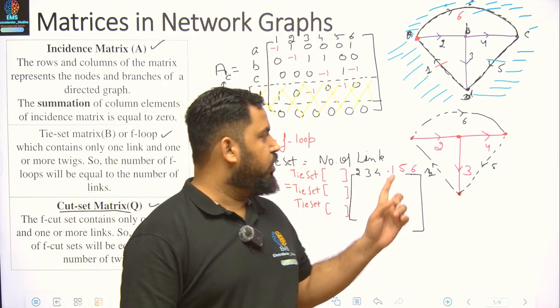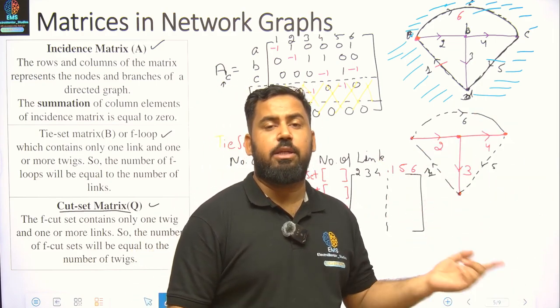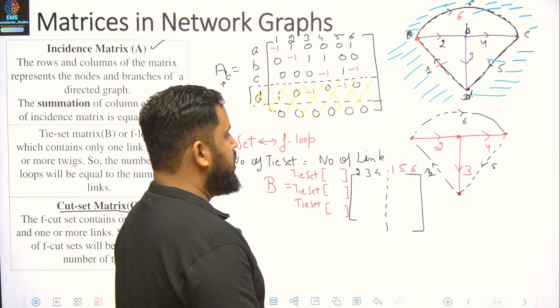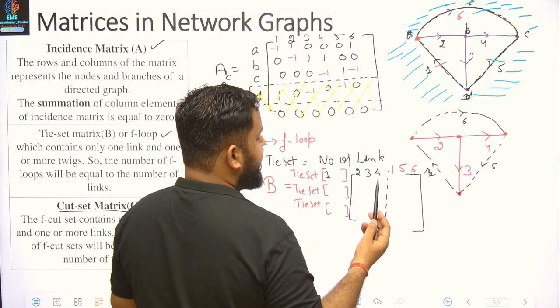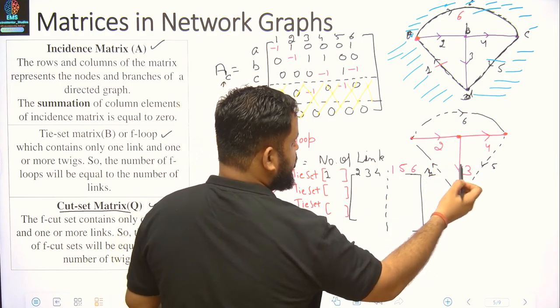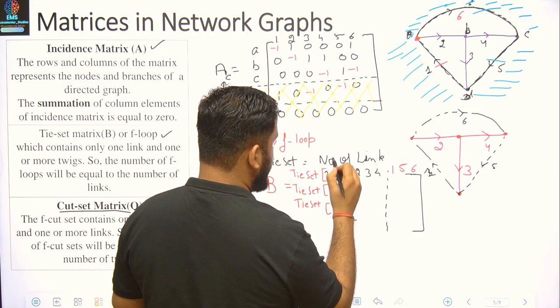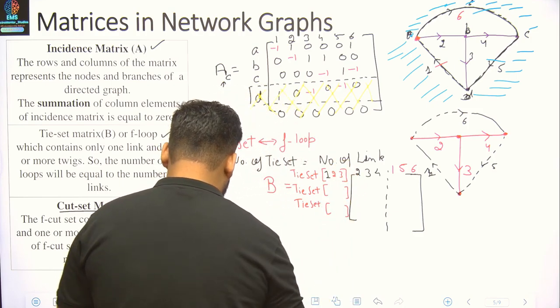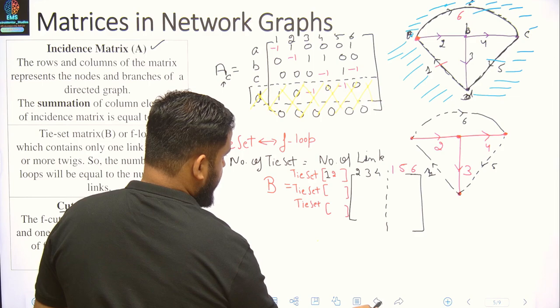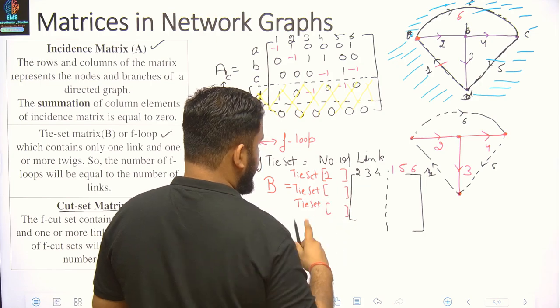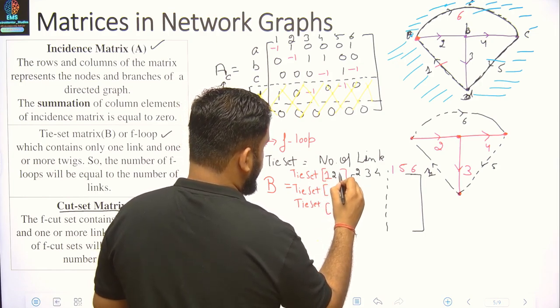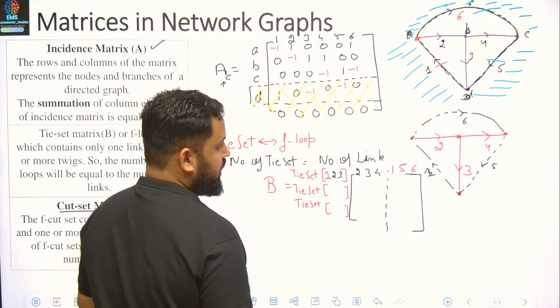So we'll write down the tie sets. As I've told you, a tie set will be identified by the number of links. What is the first link? We have got 1. What are the twigs associated with it? 2 and 3. I'll make sure I use the right combination so that you don't get confused. So I have a link 1, and twigs 2 and 3 associated with it.